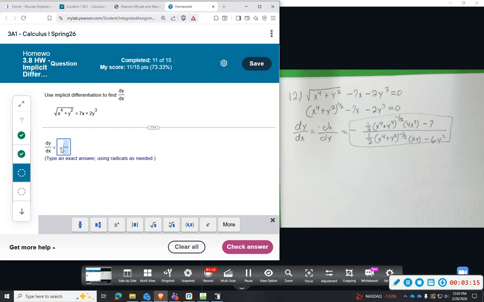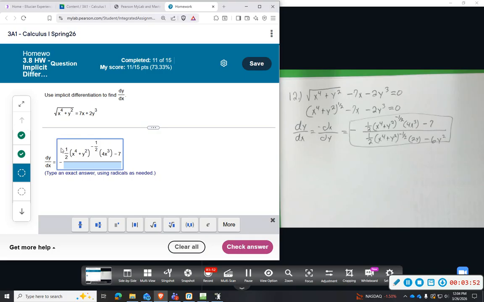I have a negative out front, and then I got 1 divided by 2, and then x to the 4th plus y to the 2nd. That's going to be raised to the negative 1/2, and then there is a times 4x to the 3rd, and then a minus 7.